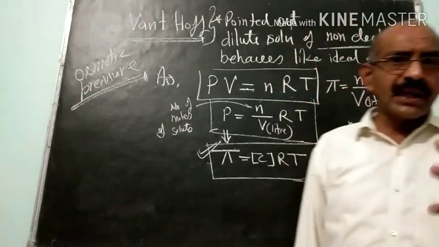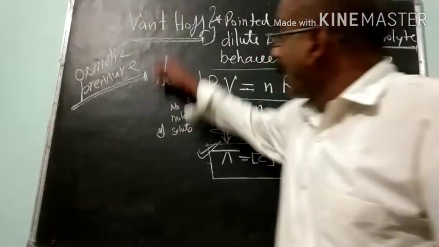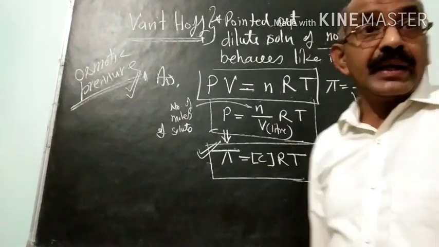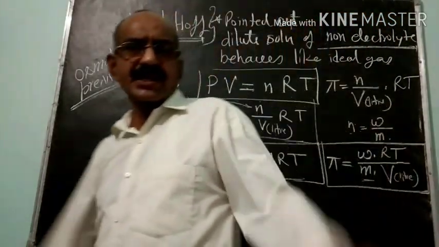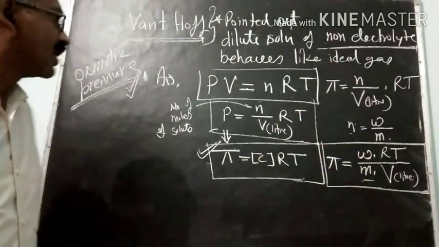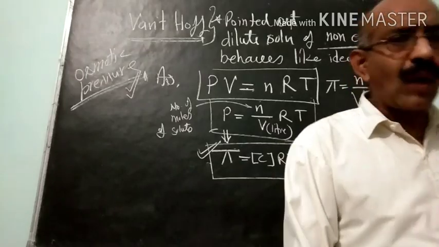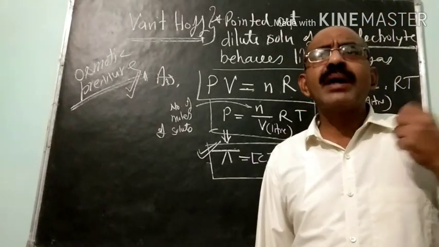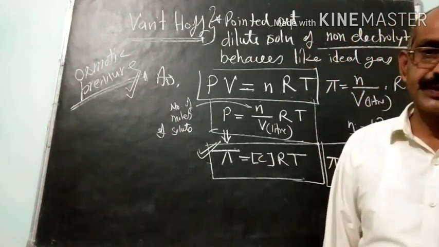is the most reliable method for determining the molecular masses of biomolecules like proteins and carbohydrates. Osmotic pressure is the best method for determining the molecular masses of biomolecules. Why? Because biomolecules are not stable at high temperature.